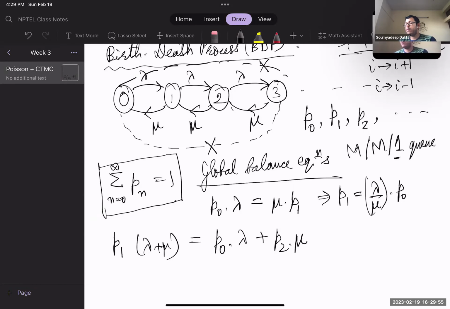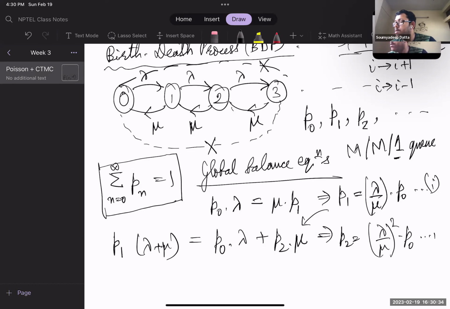And so you have this value P1 equal to lambda by mu times P0. If you put this in the equation here, then what you will get is P2 equal to, I believe, lambda by mu whole squared P0.